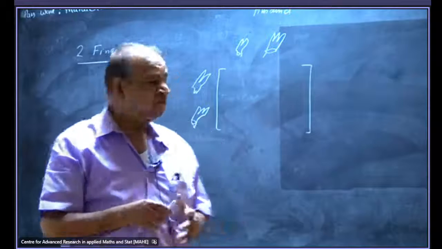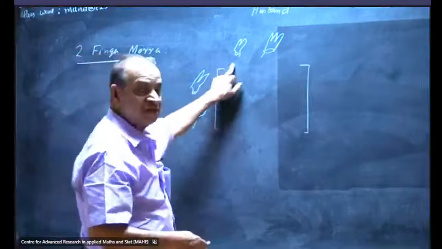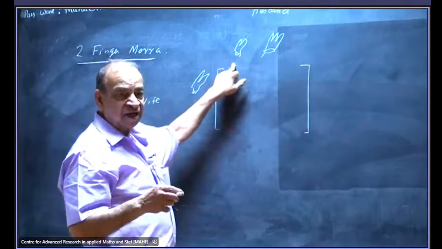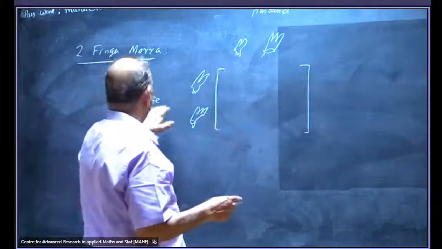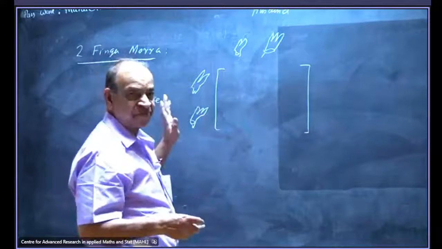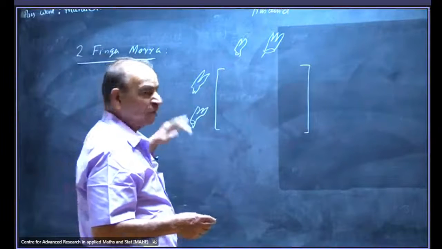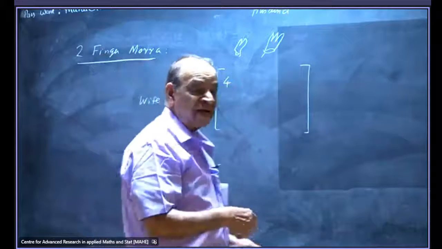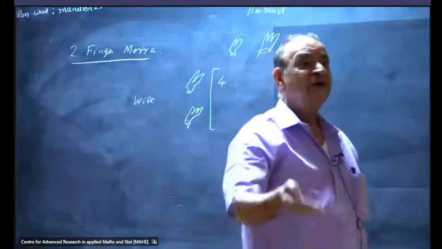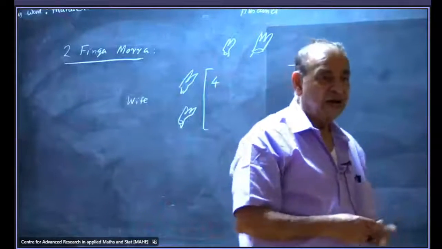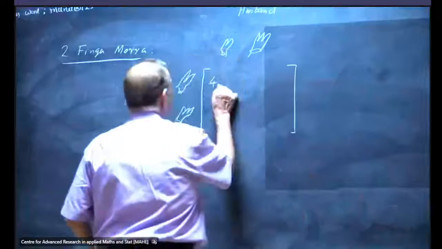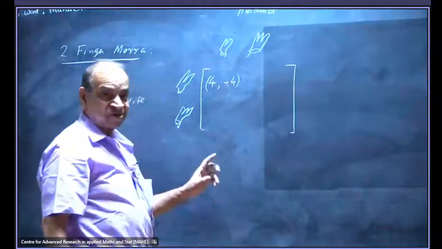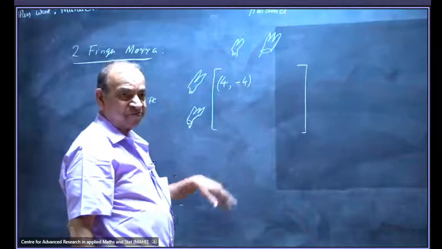So if both of them show 2 fingers, the total is what the wife gets. So the wife gets 4 and that money has to come from the husband, so the husband gets -4. Zero sum means this.